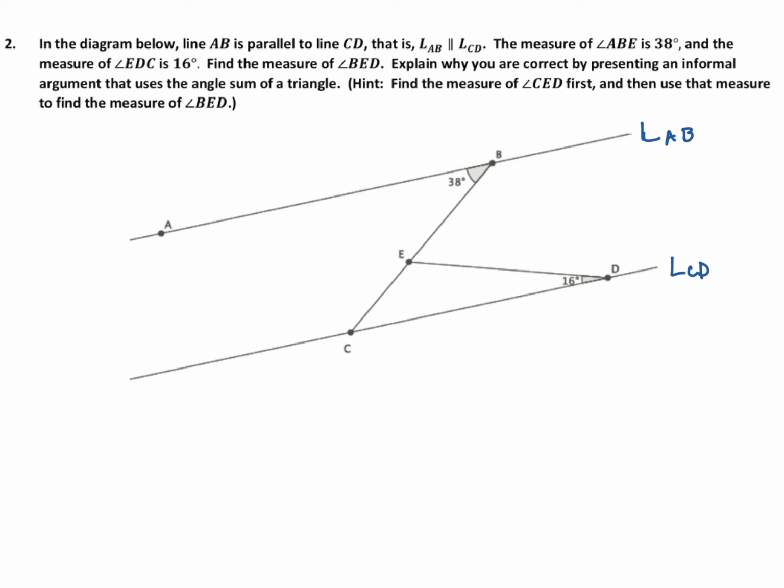It says the measure of angle ABE, which is this one here, is 38 degrees, and the measure of EDC is 16. Find the measure of BED. Explain why you are correct by presenting an informal argument that uses the angle sum of a triangle.